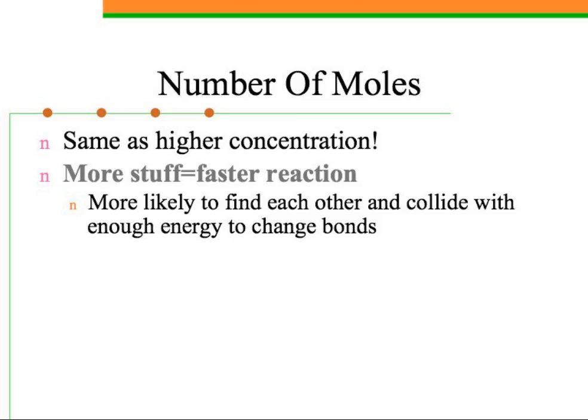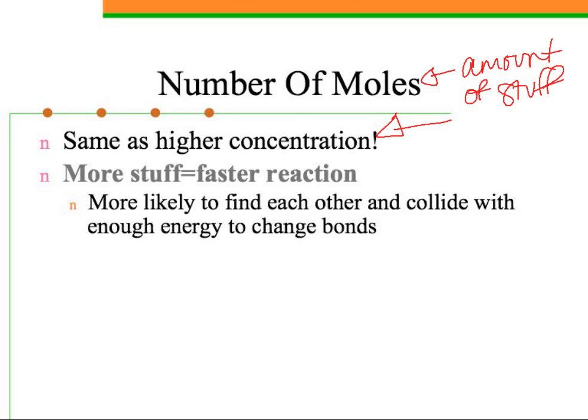Here we go. Next is number of moles. The number of moles is going to be the same effect as the higher concentration because moles also relates to amounts of stuff. And if we have 100 million cars, they will crash more often and in the right direction than 2 cars.